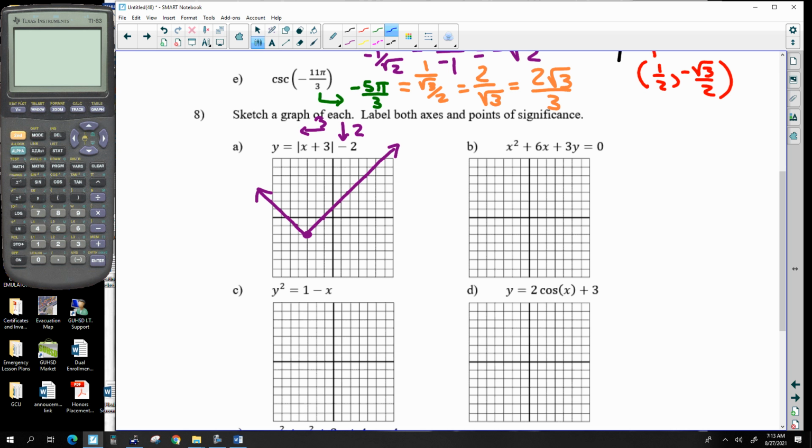Right here we have a goofy graph. Very, very specifically, here's how I do this problem. So I solve for y. So 3y is equal to negative x squared minus 6x.